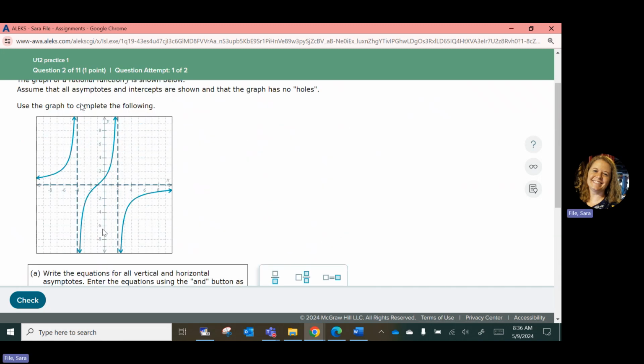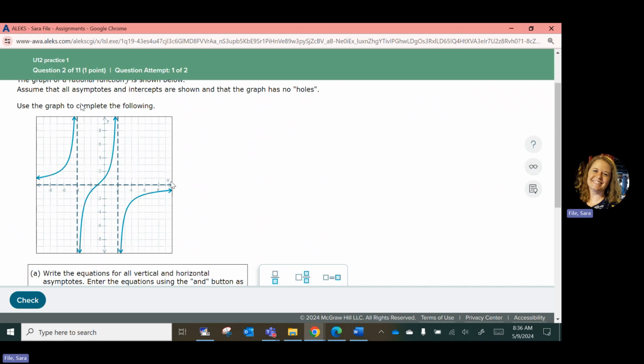Now I also want to point out, notice how there's this horizontal asymptote here and this middle section of the graph crosses it. It touches. Some people are saying, how is that possible? We talked about asymptotes are what we approach but never reach. Yes, end behavior. Your horizontal asymptote is guiding your end behavior. It is what the ends of the graph approach but never reach.